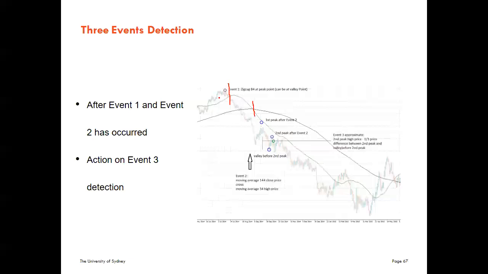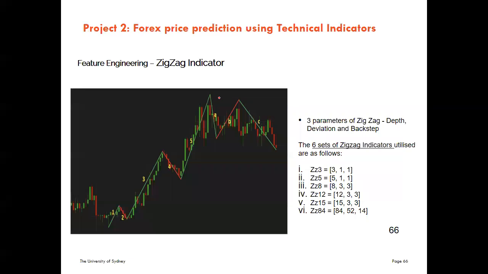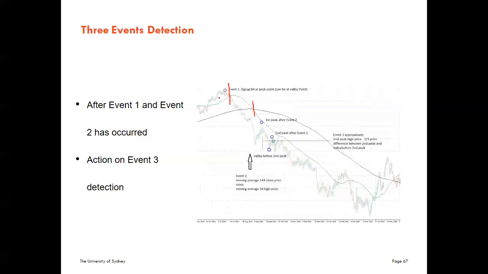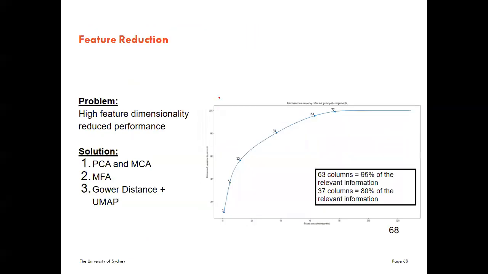I'm still curious about the training and the testing. The training is from 2005 to 2019, and the test is the same but a different currency? So, let me tell you this.